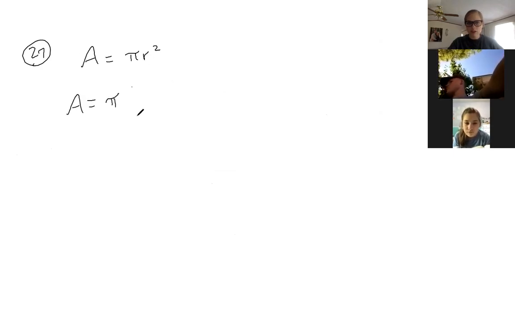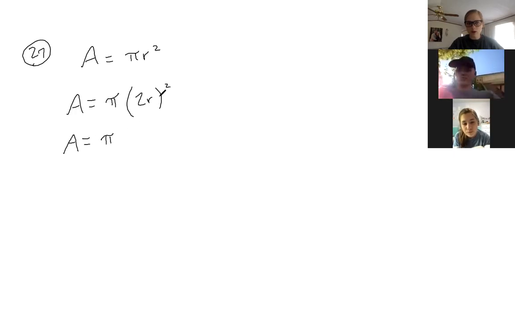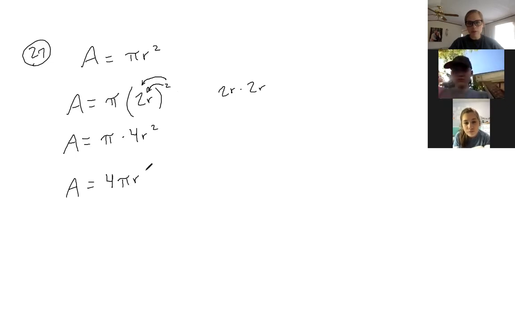So if I double the radius, instead of saying r squared, it's now going to be 2r squared. Let's simplify. What is 2r squared? Remember that square is going to go to the 2 and to the r squared. That's like saying 2r times 2r. So that would be 4r squared.